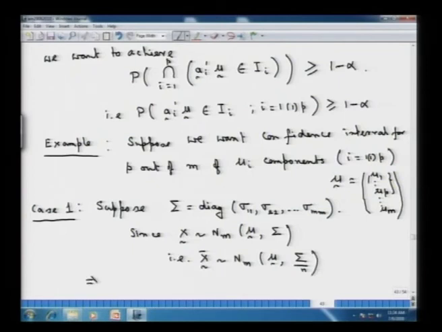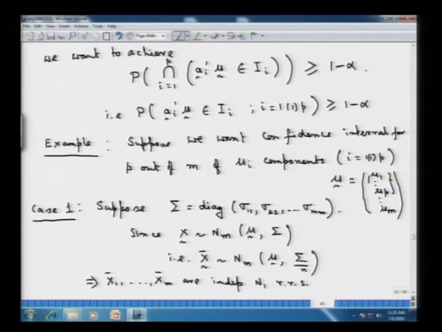This would imply that x1 bar, x2 bar, xm bar, which are the constituent elements of this sample mean random vector, are independent N1 random variables, because we have sigma to be a diagonal matrix.